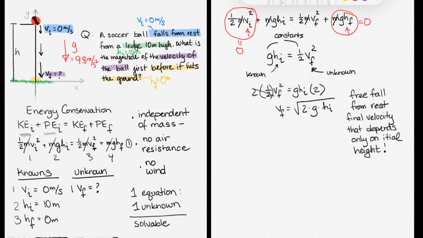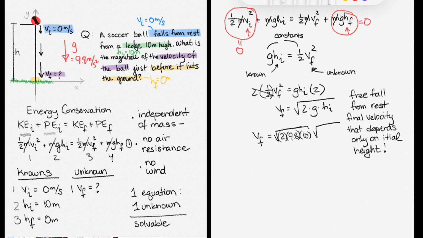So if we want to get a number for this, we need to substitute in the values we found in our knowns. So substituting in, we find that v sub f equals the square root of 2 times 9.8 times 10. We can't forget the units.